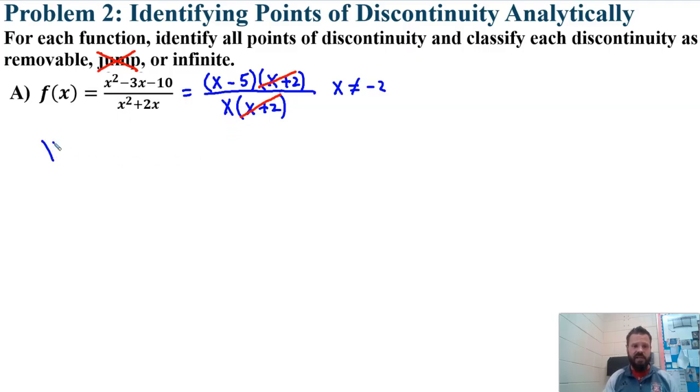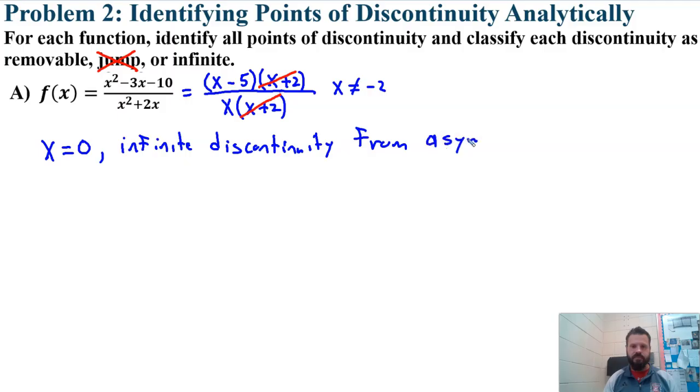So we could say that x equals 0 is a point of discontinuity, and it is an infinite discontinuity from an asymptote. So if we find a 0 of a denominator that's not also a 0 of the numerator, we'll have an asymptote, and that will be an infinite discontinuity.